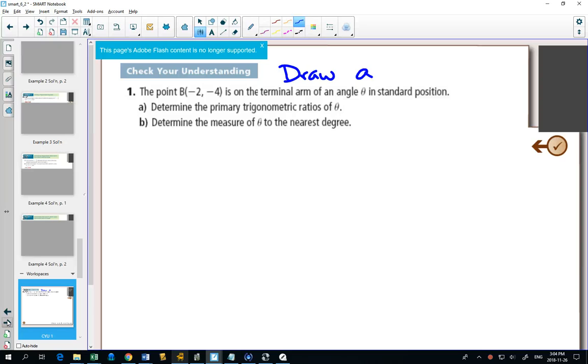Our main strategy in trigonometry, surprise, surprise, is going to be to draw a triangle. So you've got the point (-2, -4). It's on the terminal arm.